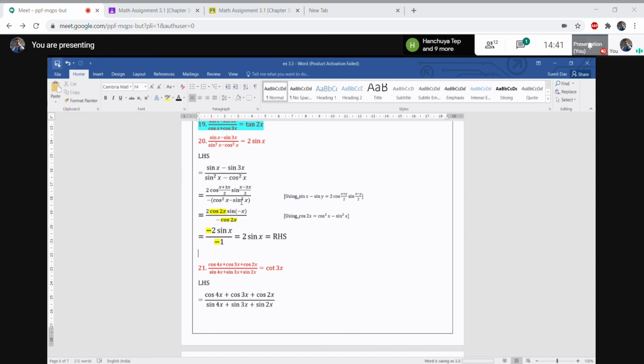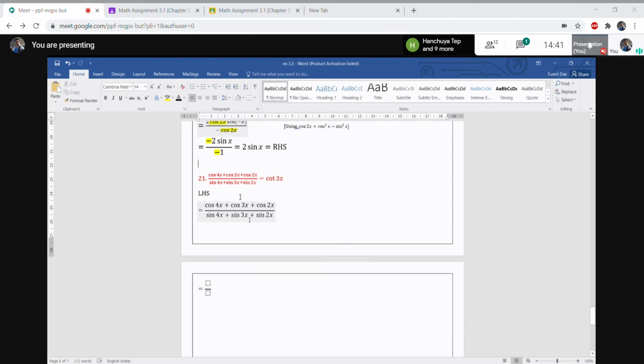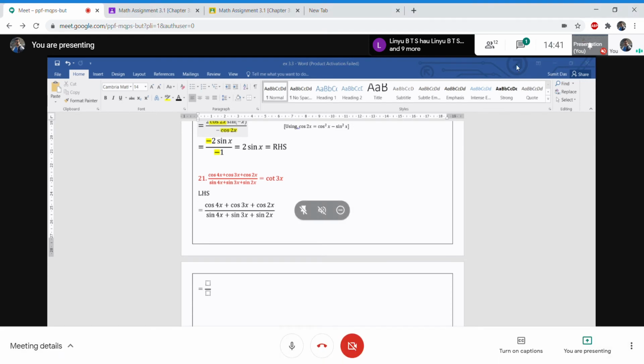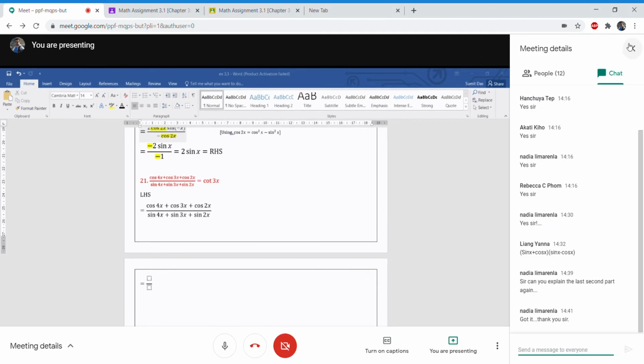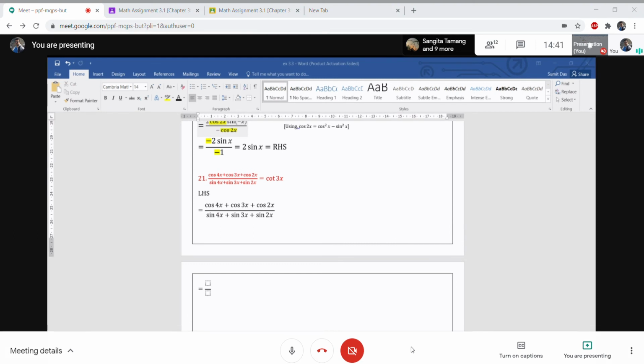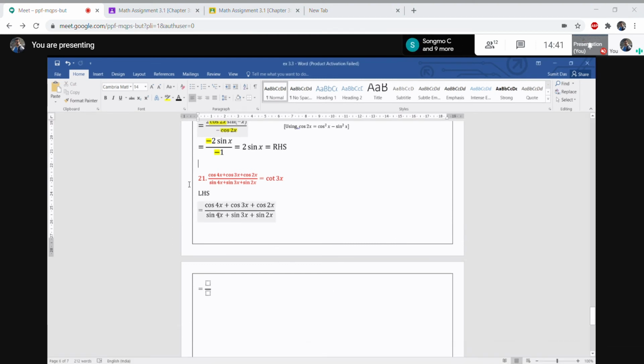Okay, let's move on towards the next question. In this question also we have to use the cos x plus cos y formula, right? But we will not use it directly. We will first arrange, then we'll use. In the numerator we have cos 4x plus cos 3x plus cos 2x.